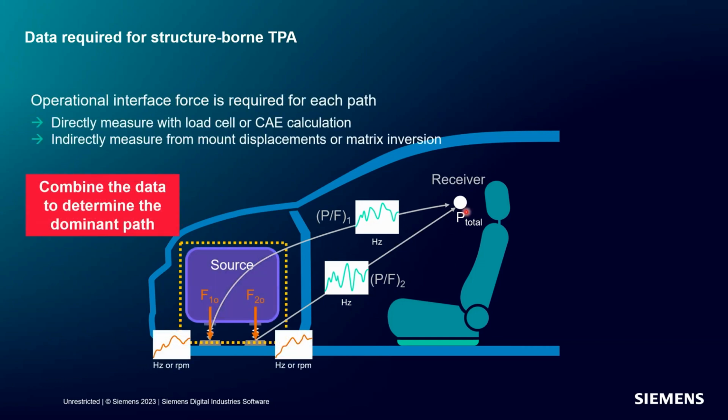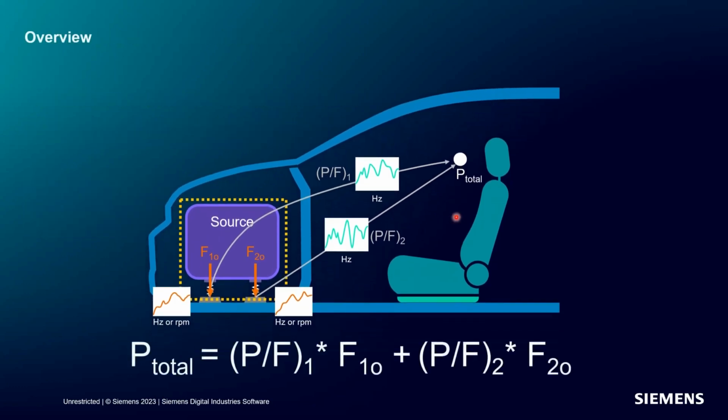And so transfer path, this technique, is really kind of a big multiplying machine. It's going to multiply your forces, whether they're airborne or structure-borne from your source, times some transfer functions to predict what's happening at the receiver location. So you're going to have P over F1 times F1O, P over F2 times F2O.